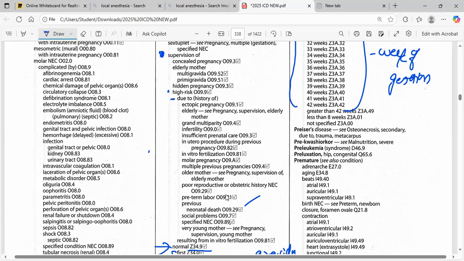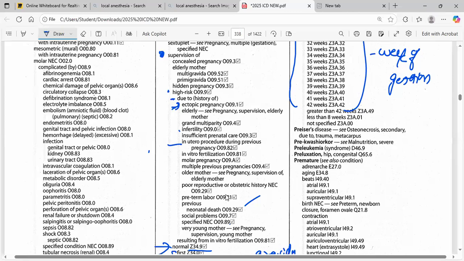The first one is due to the history of ectopic pregnancy. Let's say the patient has a history of ectopic pregnancy, a history of fallopian tubal pregnancy, or grand multiparity, where the patient already gave birth to multiple babies. History of infertility. History of in utero procedure during the previous pregnancy.